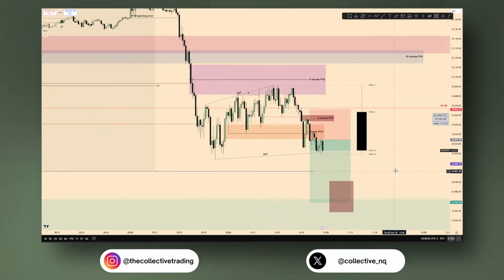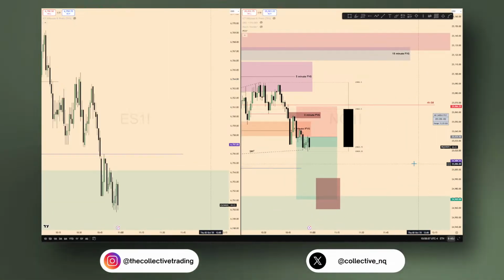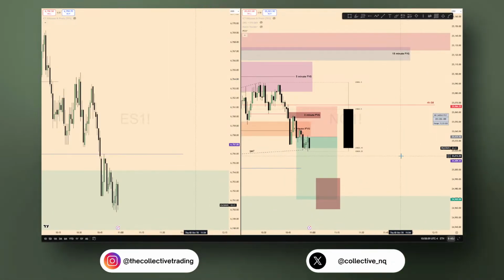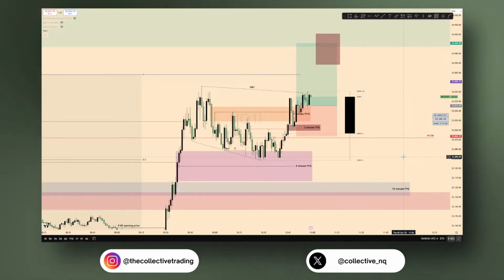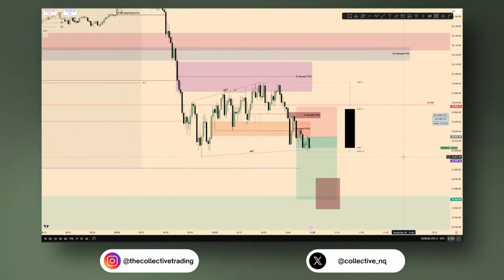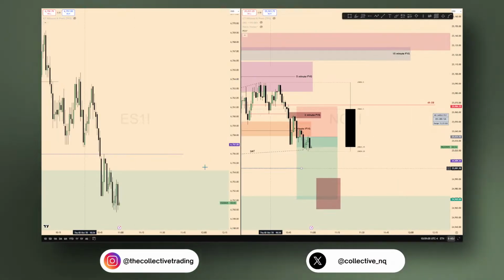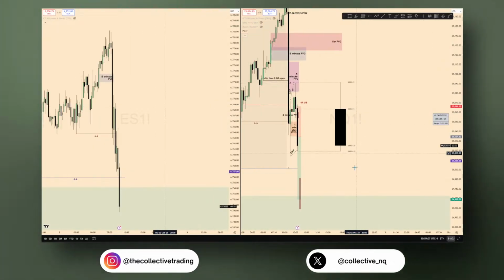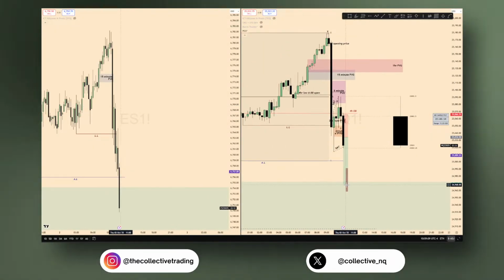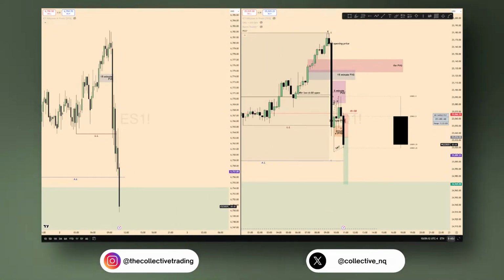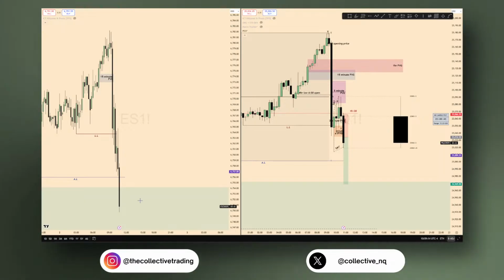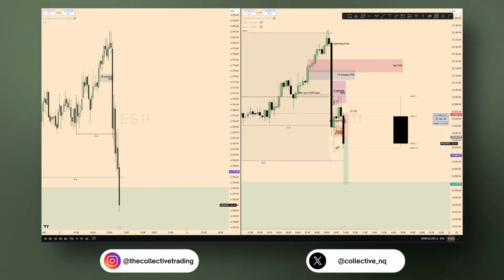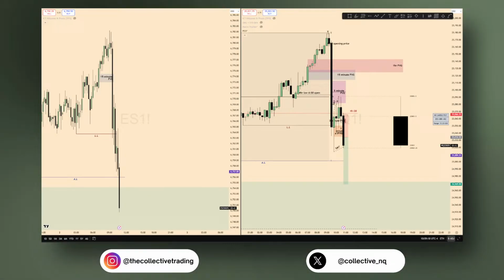That 15-minute close. Is that 15-minute? No. 40 seconds. So gonna look for positioning post 11 a.m.